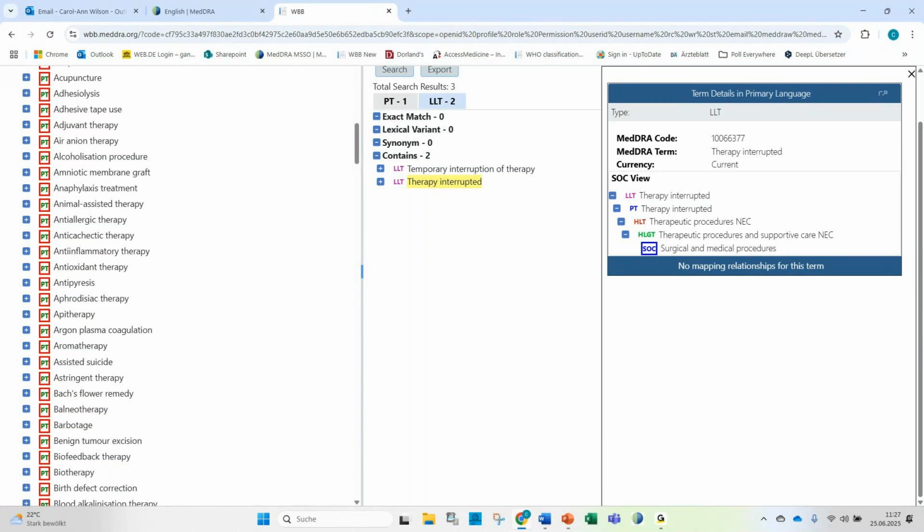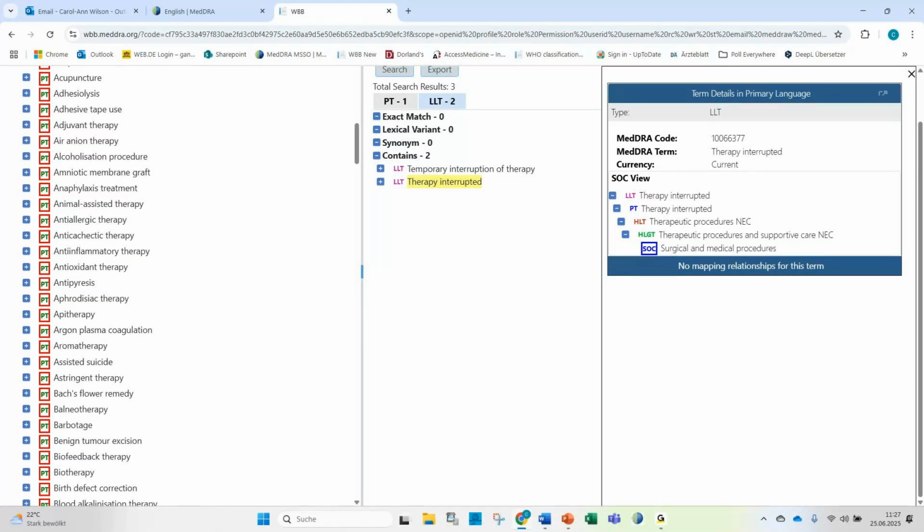So this rather sounds like a medication error. But it really depends. It's a very specific question. You need more information in order to be fully clear about the scenario. It hasn't specified interruption, so I would take it as a missed dose.